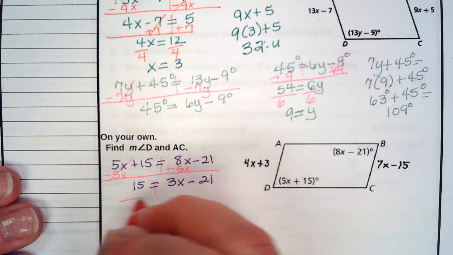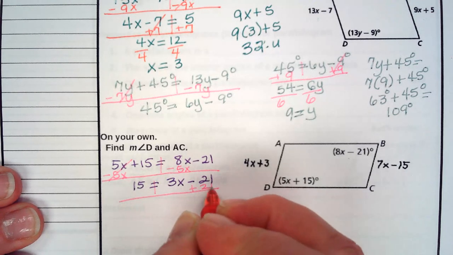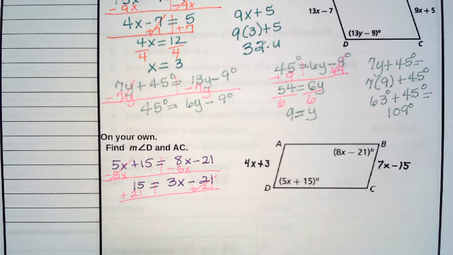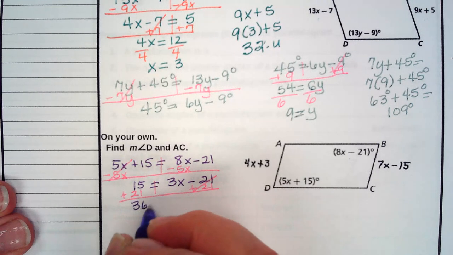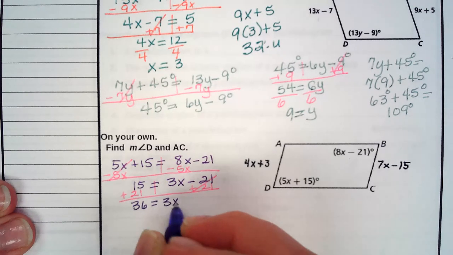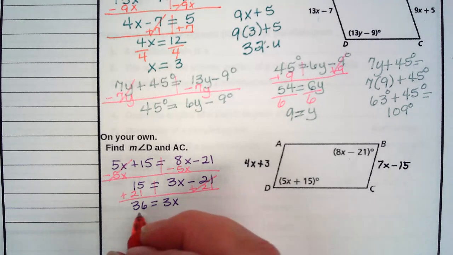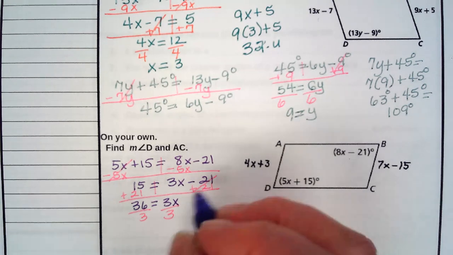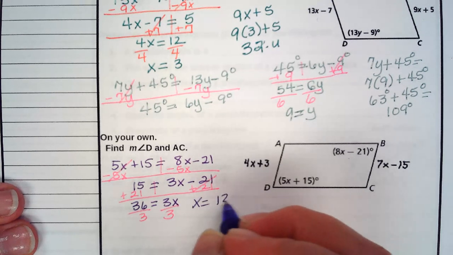Add 21 to both sides. 36 is equal to 3x. Divide by 3, and x is equal to 12.